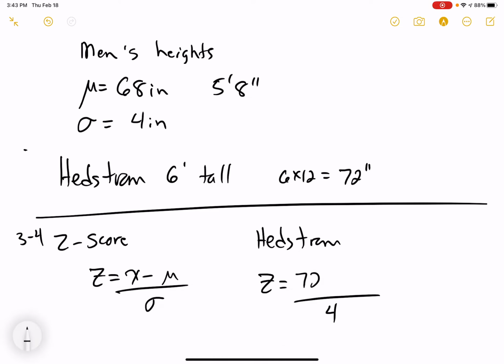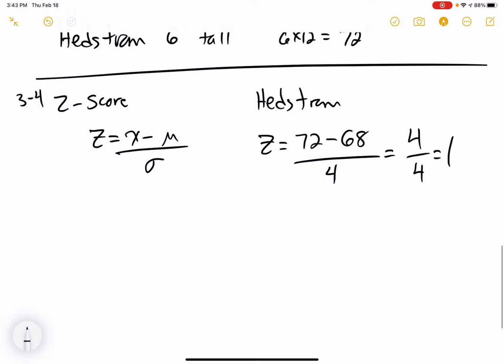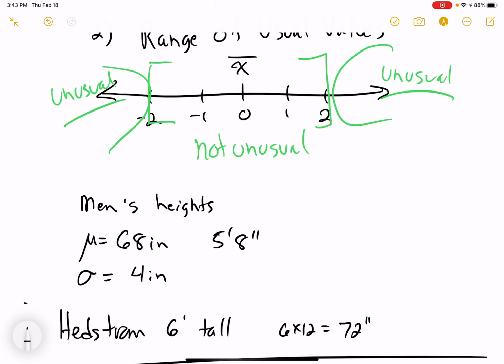So I have to do 72 minus 68. That's going to be 4 divided by 4, and that's equal to 1. What this means is that my height is 1 standard deviation above the mean. Not unusual though, because my value here is within my range of usual values between -2 and +2.